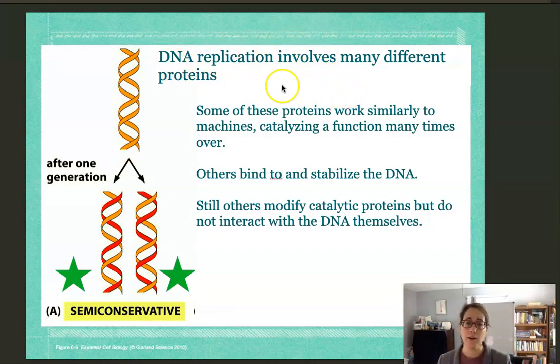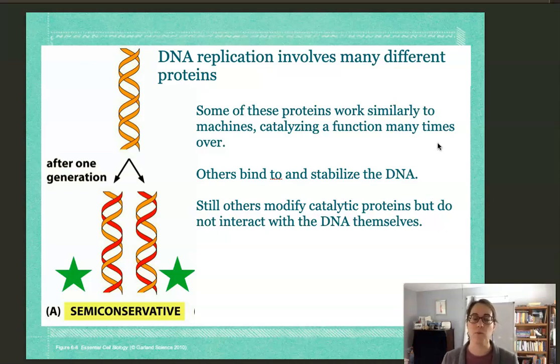We're going to talk about a number of different proteins that contribute to DNA replication. Some of these proteins work similar to machines. Some of them are enzymes that perform a function or catalyze a reaction over and over again. Other proteins we'll talk about are more for stabilization.